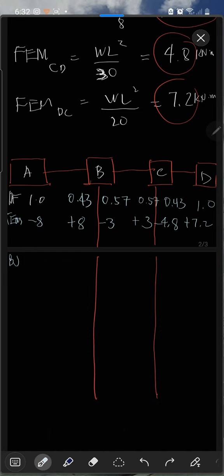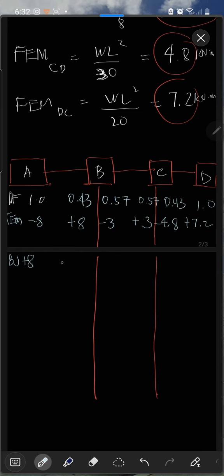So negative 8 plus 0, so negative 8 times 1, negative 8. Okay, so that is positive 8. Then here, 8 minus 3, that is 5. Then 5 times 0.43, we have 2.15.